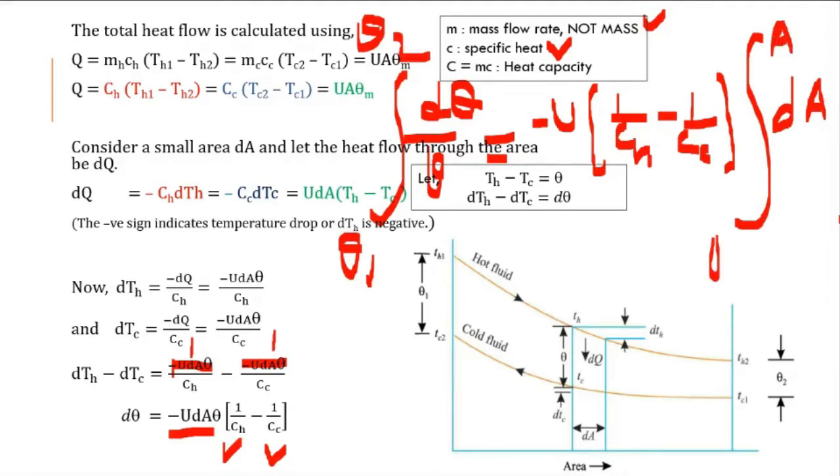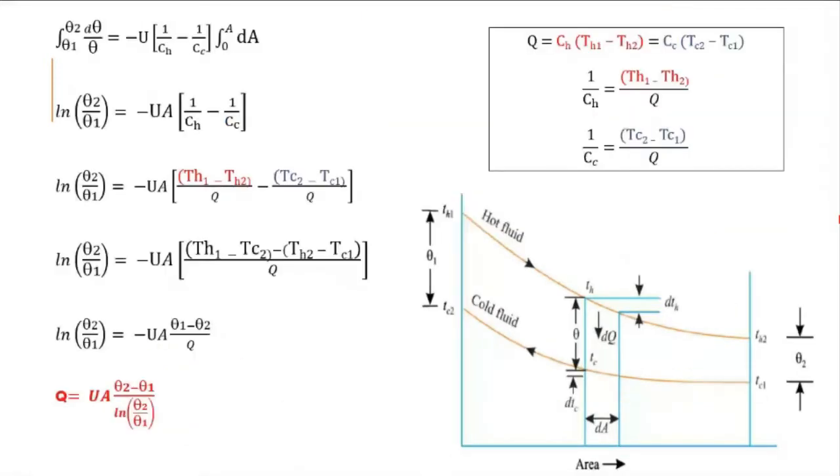No, sir. Okay. So the same thing has been written on the next slide. d theta by theta, we are integrating it, so the limit is from theta 1 to theta 2. For the other term, minus U, 1 by CH minus 1 by CC has been taken outside the integral. We are integrating the area term and the limit is from 0 to capital A. Integrate both the sides, put the limits.